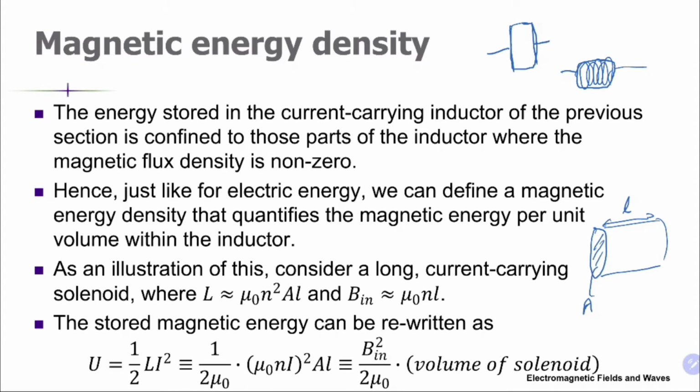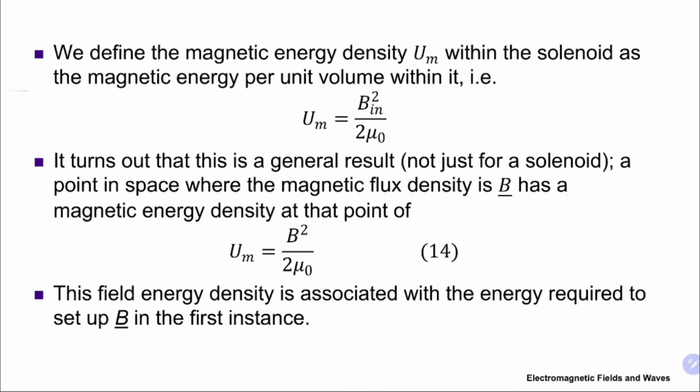So the magnetic flux density inside that solenoid squared, divided by 2 mu naught, times the volume, equals the stored magnetic energy, and therefore we can define the magnetic energy density as B squared over 2 mu naught.